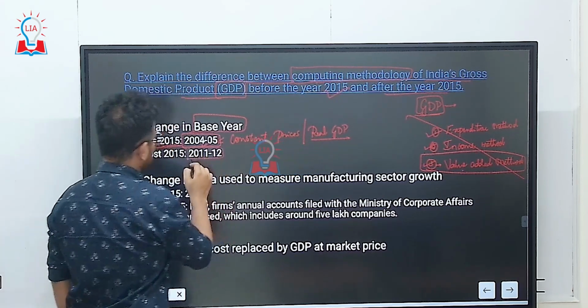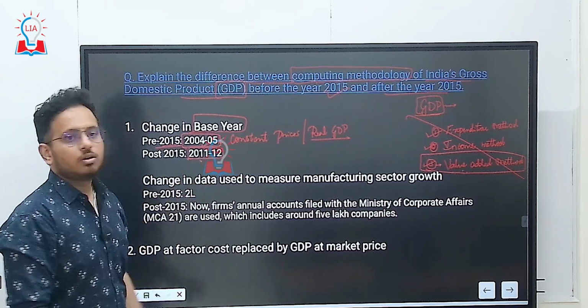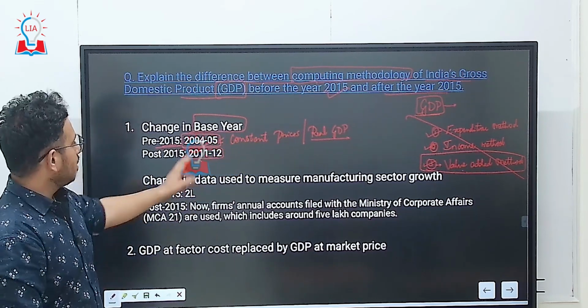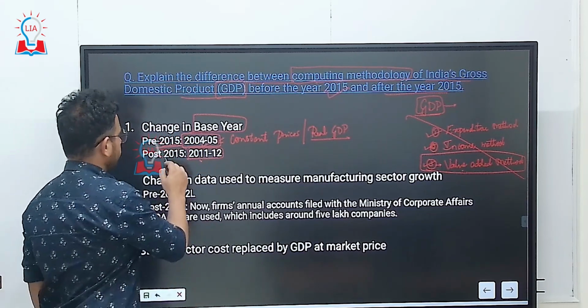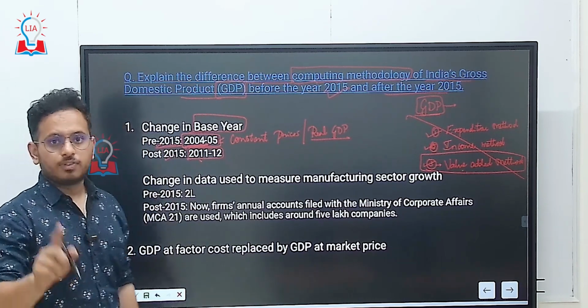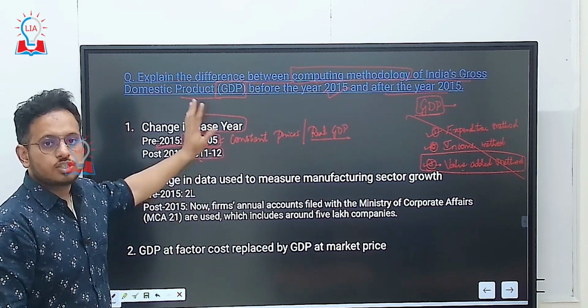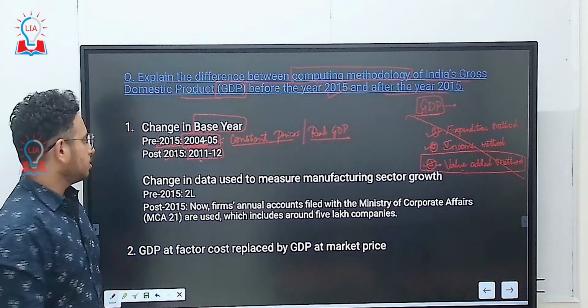After 2015, the base year considered is 2011 and 2012. So 2011-12 is the base year post 2015, and 2004-05 was the base year before. This is the most important change with respect to the GDP computation at constant prices.